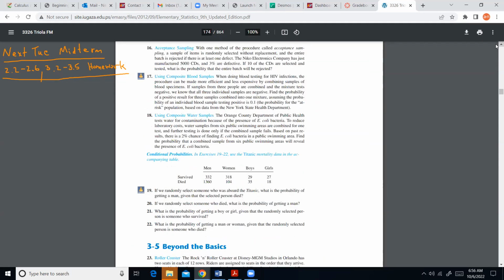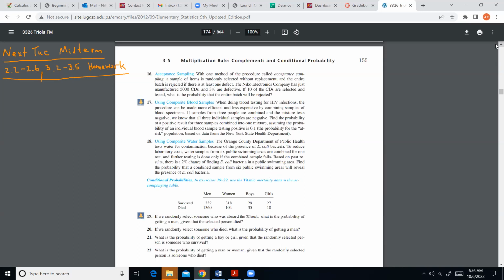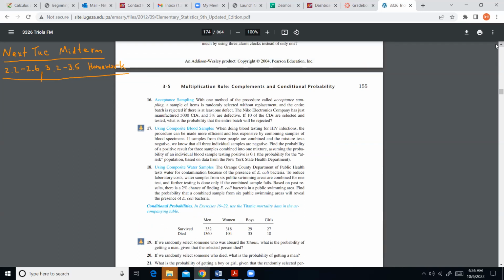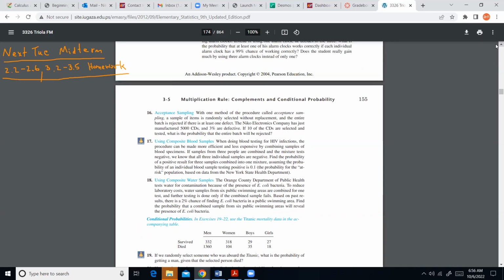Remember, I promised that I will do one of the problems analogous to the second exercise on the midterm, because last time I did the first exercise in great detail, and now I will do the second exercise for you, like problem number 17, which is also from your homework.